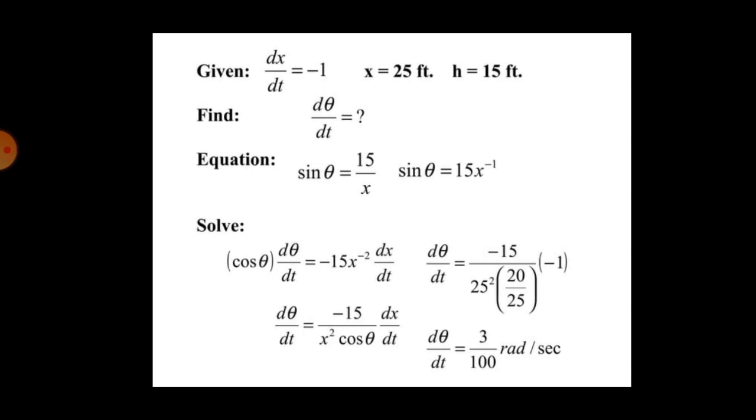So d theta over dt is equal to negative 15 over x squared cos theta times dx over dt, which is negative 15 over 25 squared times 20 over 25 times negative 1. So d theta over dt is equal to 3 over 100 radians per second. So that is our d theta over dt.